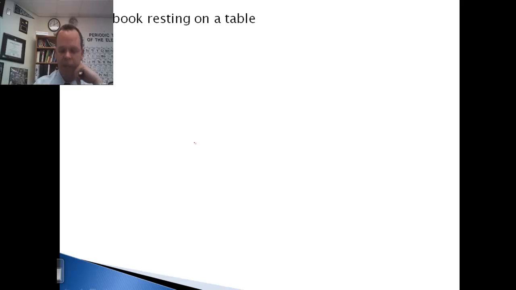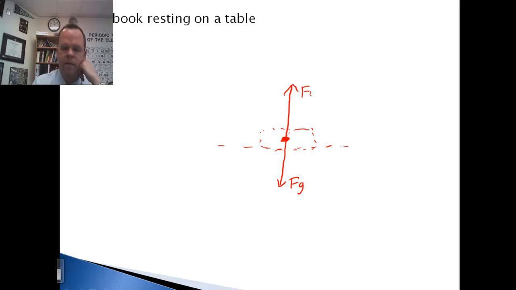Okay, a book resting on a table. Once again, I'll draw a dashed line for our table, our book. A dot for the book, we're going to have gravity pointed down. The normal force of the table pushing up on the book, perpendicular to the surfaces that are touching, this surface right here.